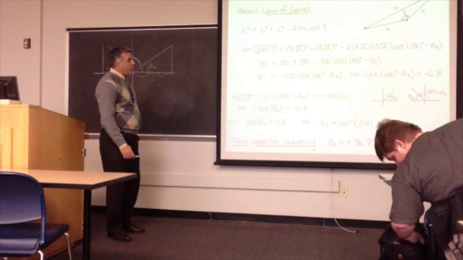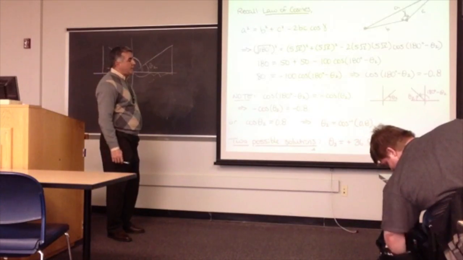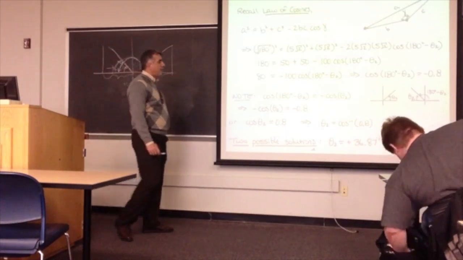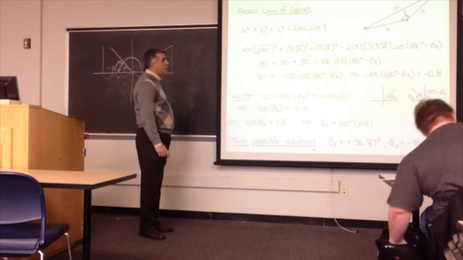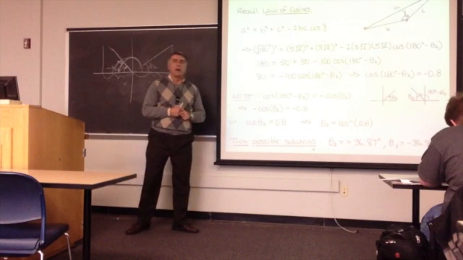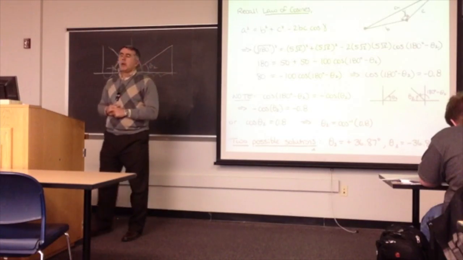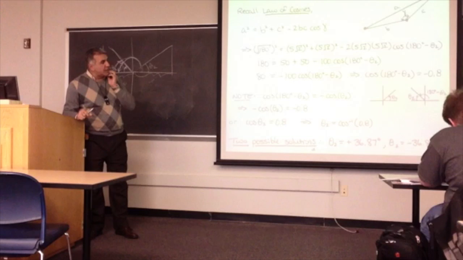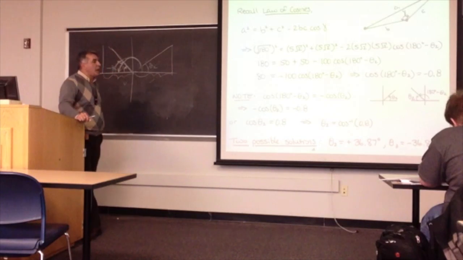Then we are noticing that if you look at the inverse cosine of 0.8, two possible solutions come up. One is 36.87 degrees and the other one is minus 36.87.